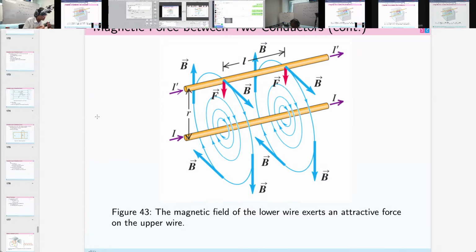When there is a magnetic field passing through the area of that conductor, you get the induced force as the outcome. But right now we will see a more realistic situation when we have two conductors.